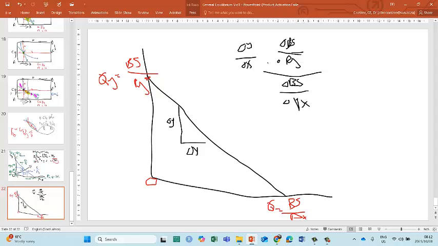All happy with that? Because remember, what is a change in y? That's going to be the same equation as that. It's a change in budget surplus over a change in x. That's exactly the same.